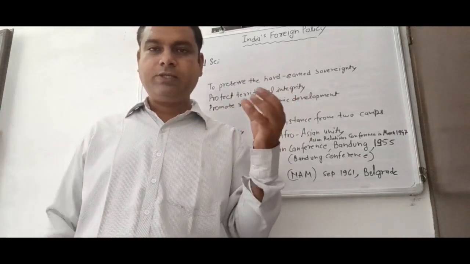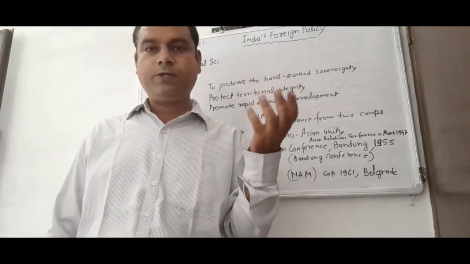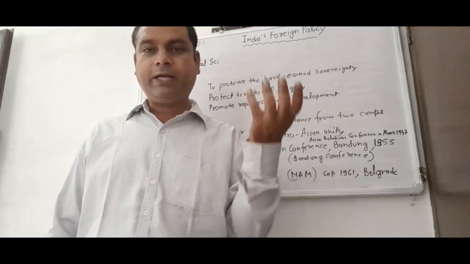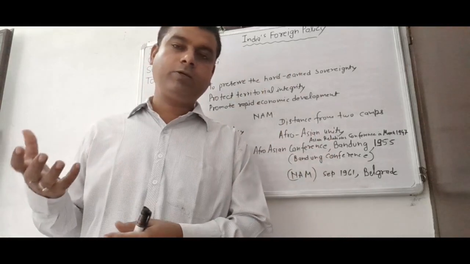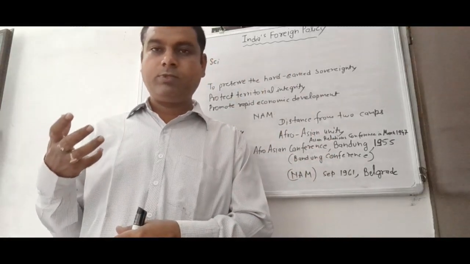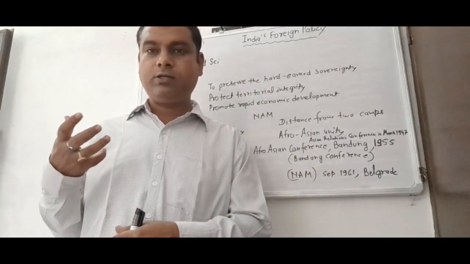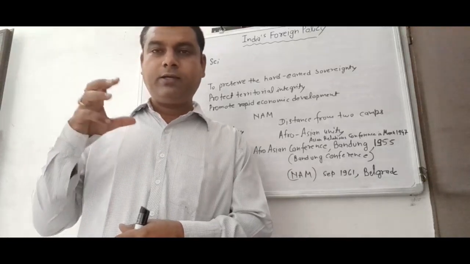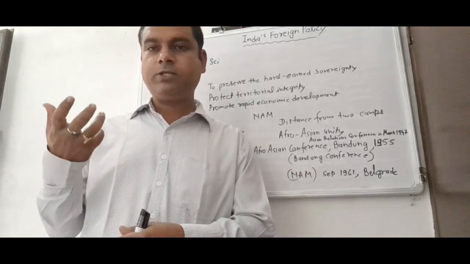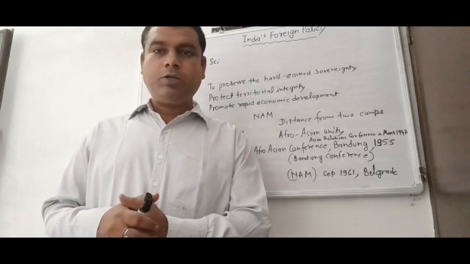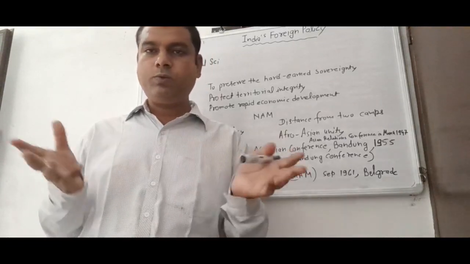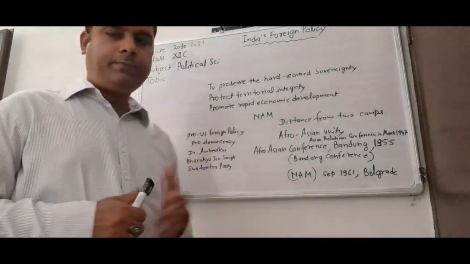The US followed the ideology of liberal democracy and capitalism and established NATO. The second was the socialist bloc, the USSR, which followed the ideology of socialism and communism and established the Warsaw Pact. India was not going with either, and India joined the NAM.